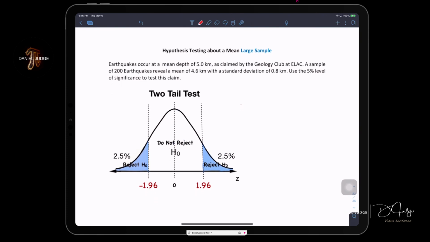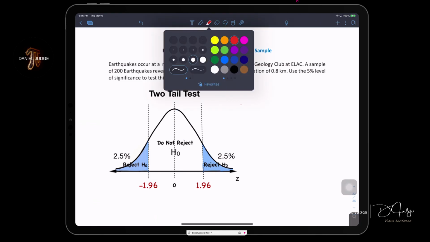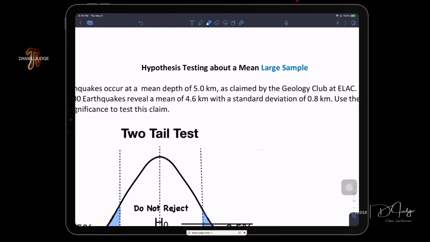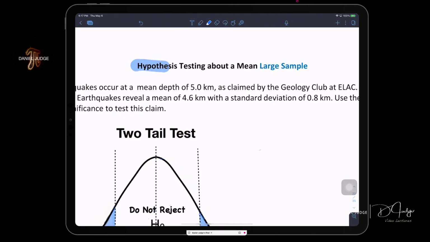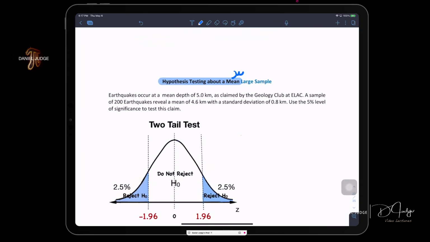Now, next time, to do the rest, you have hypothesis testing not about a proportion. So in our next lecture, we're going to go over hypothesis testing about a mean. And that mean is mu. You say, Mr. Judge, how does that work?